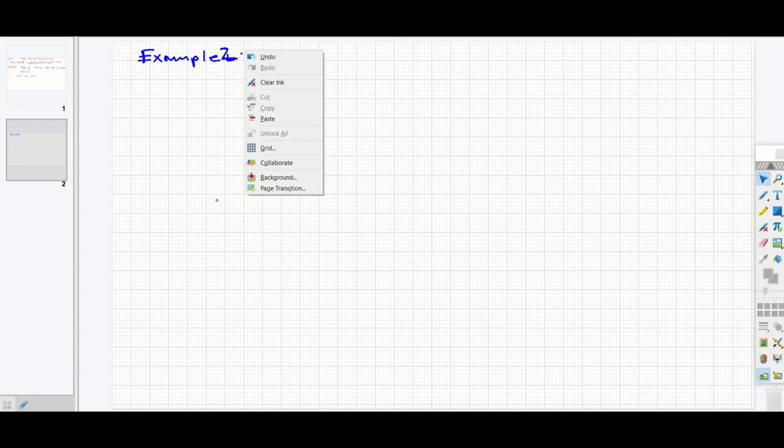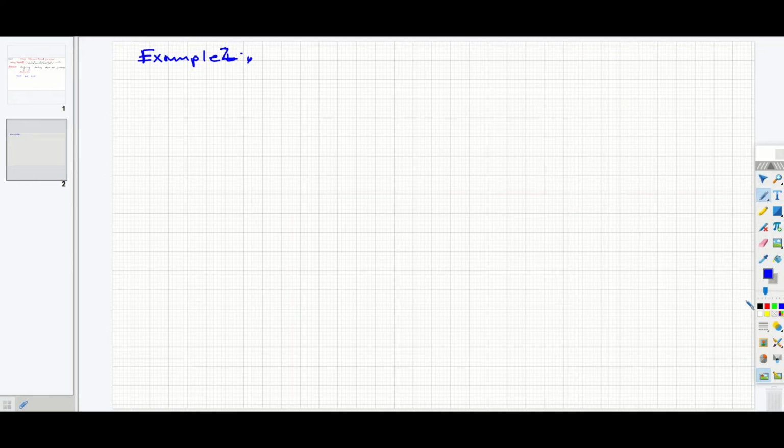This time the question is y equals 2x plus 5. Again the question is going to ask, identify m and b, then graph.